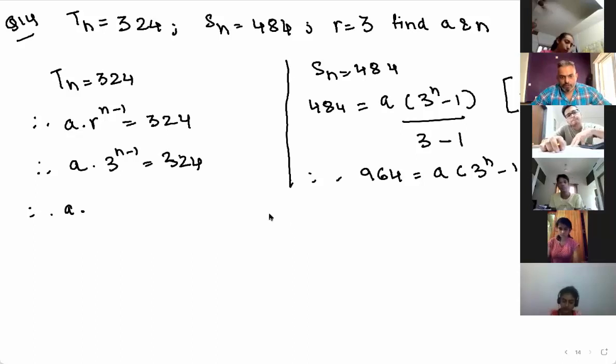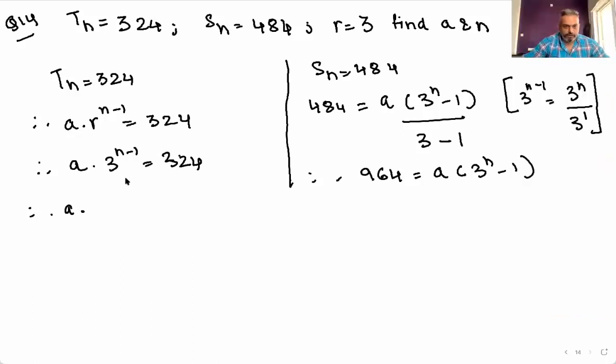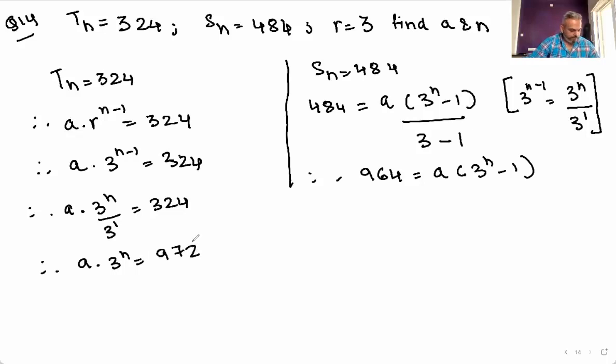So now let's substitute it over here. So A into 3 raised to n upon 3 raised to 1 is 324. So 3 will go into cross multiply. So it will become A into 3 raised to n is 324 into 3, which is equal to 972.